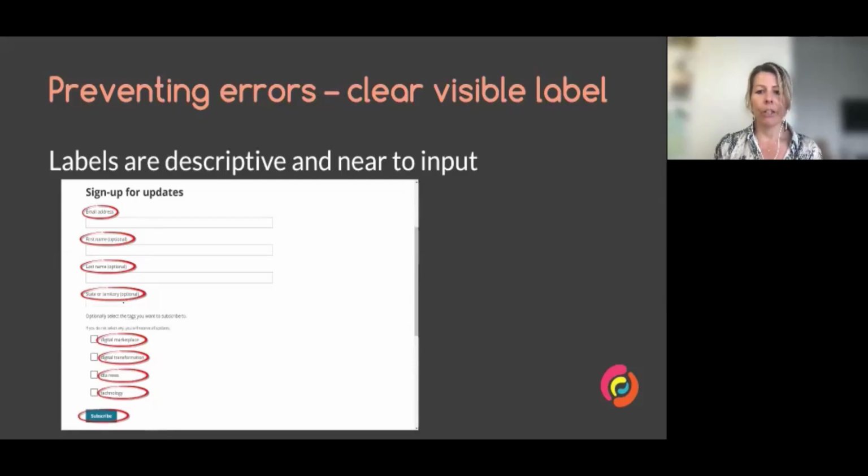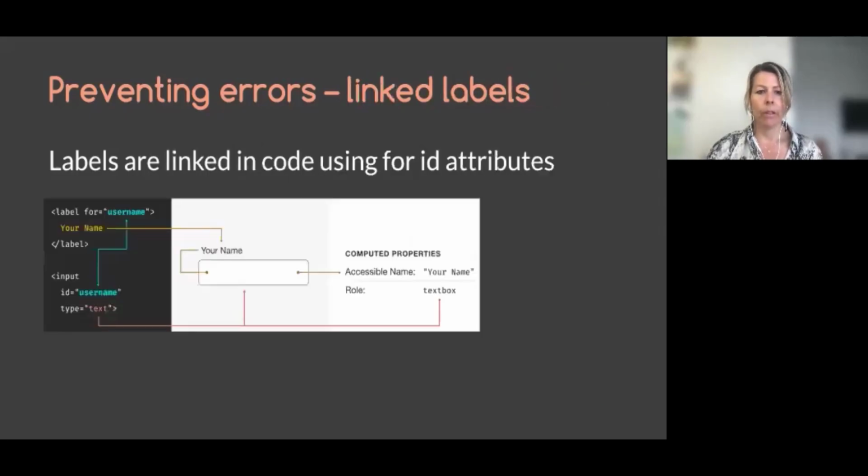And this can be achieved by having clear, visible labels that are as close to the input as possible, so that it's easy for a user to relate the label with the input. So this is one way of preventing errors in the first place. Making sure that those visible labels are then linked in code so that when a screen reader accesses the field, that label will be announced.